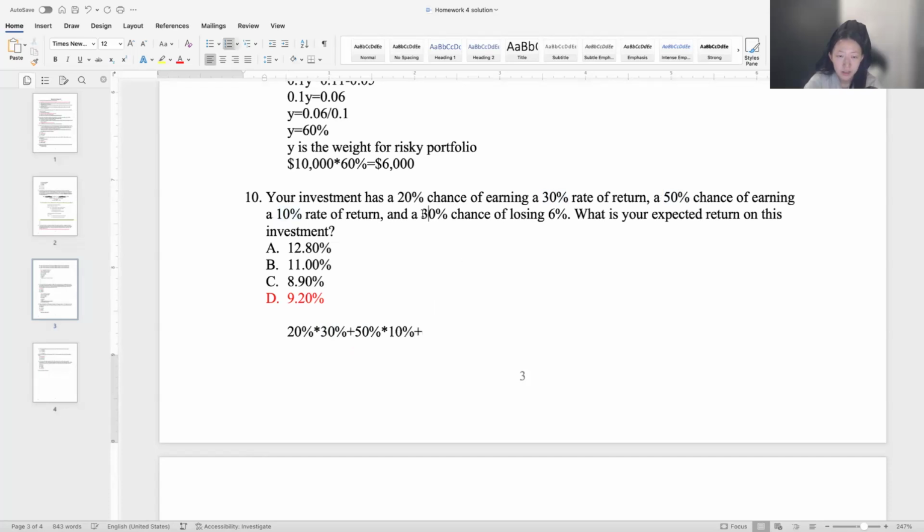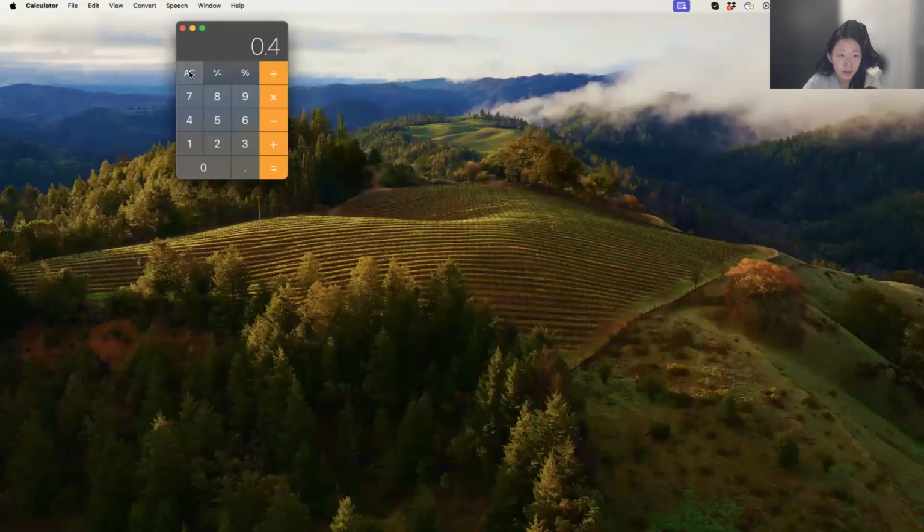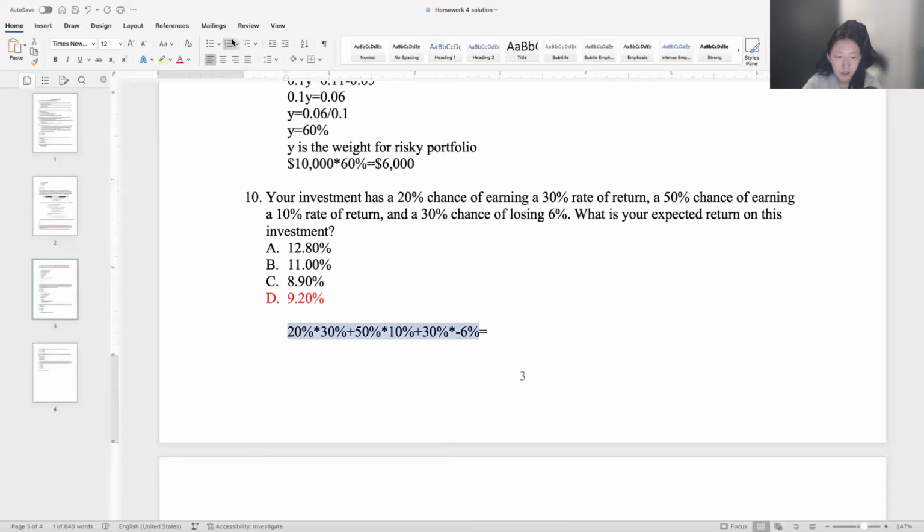And the worst case scenario, 30% likelihood, and a negative 6% return. Let me see if the calculator is able to work it out. Okay, it's not able to work it out.